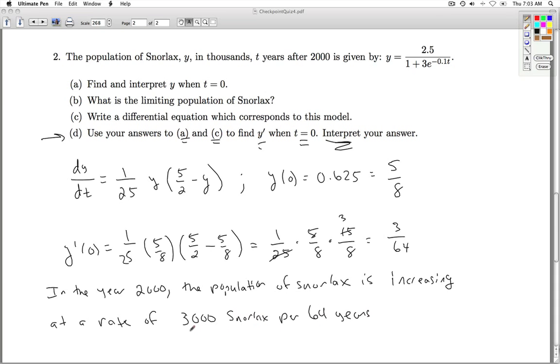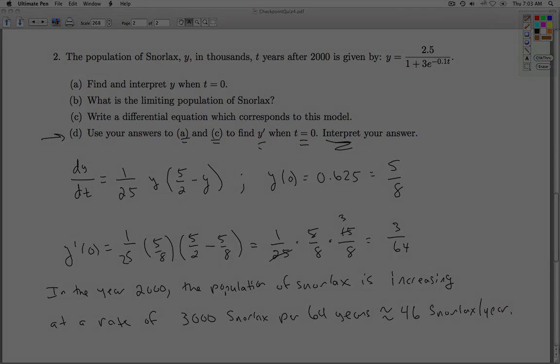Now if you have a calculator handy, you can take 3,000 divided by 64 and you get something like 46, 47 Snorlax per year. And that'll do it for checkpoint quiz 4.